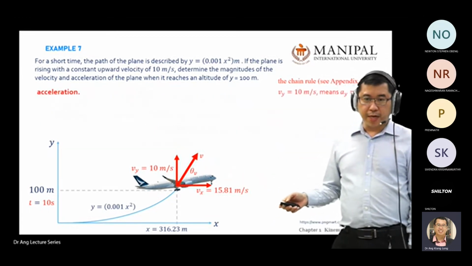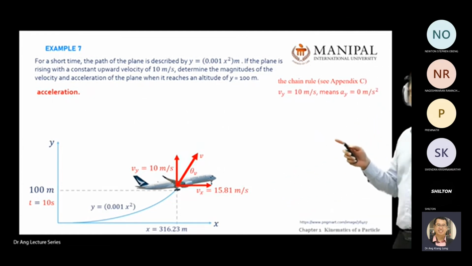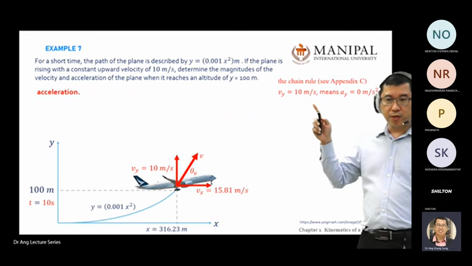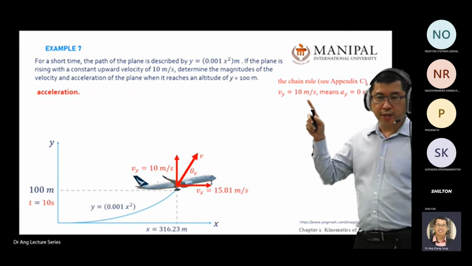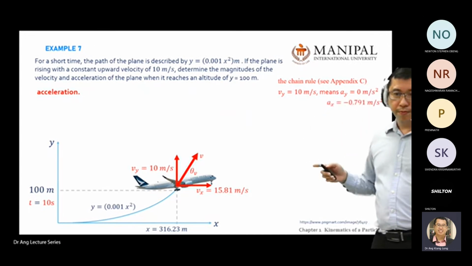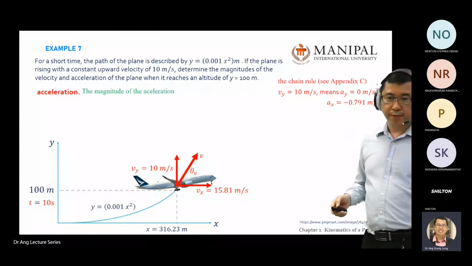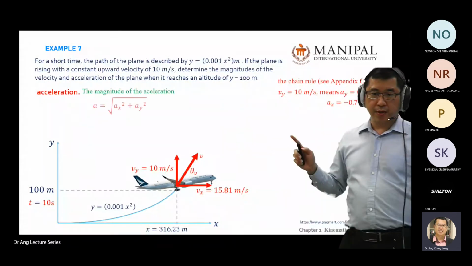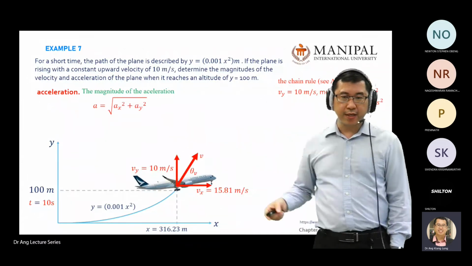So on this graph, when I plot my acceleration, again, there are some side notes here. So ay equals this one. vy is constant velocity in y direction, meaning ay is 0. ax, just now you calculated this one. To find magnitude, it is the square root of your x squared plus your y squared.